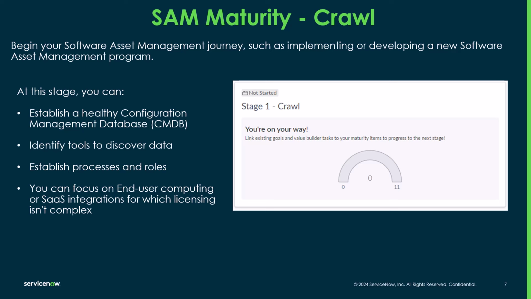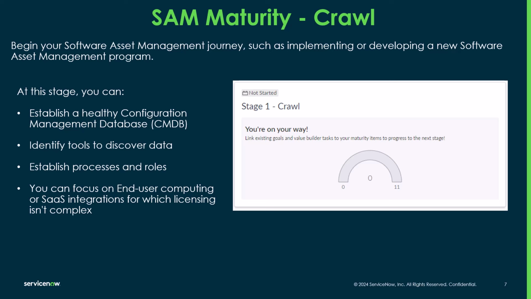You're probably going to want to start focusing on your end user compute or your SaaS integrations, because those licensing models are a lot less complex and you can get quick realization of value if you focus on end user compute and SaaS first, rather than getting into those big complex publishers.